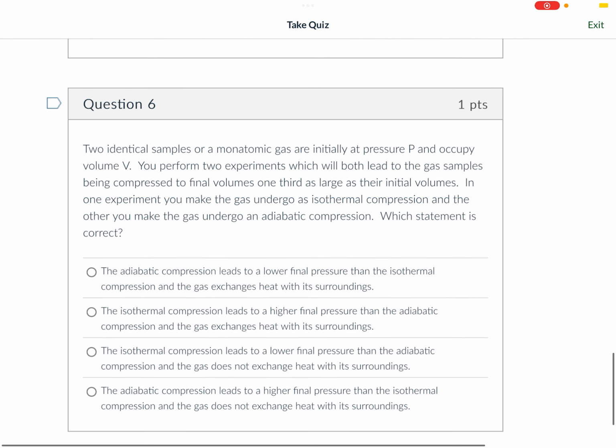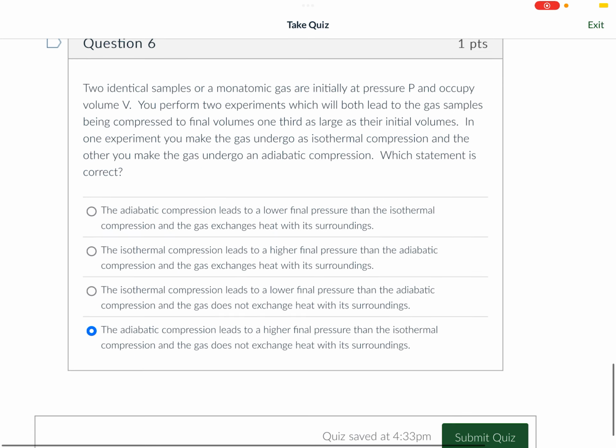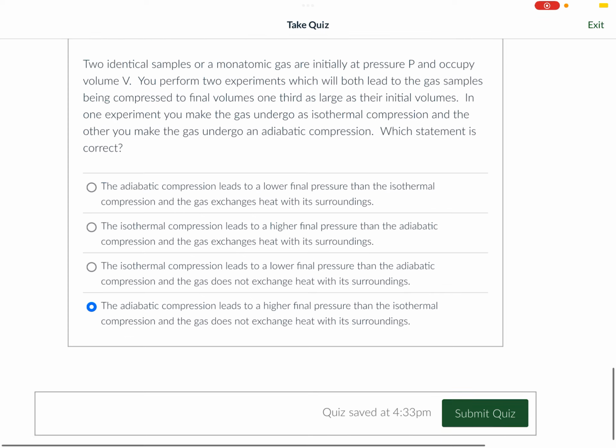So for this one, which statement is correct? Adiabatic, we kind of showed, would lead to a higher final pressure. So I'm going to say the last one because it leads to a higher final pressure and the gas does not exchange heat. Let's see if that's true.